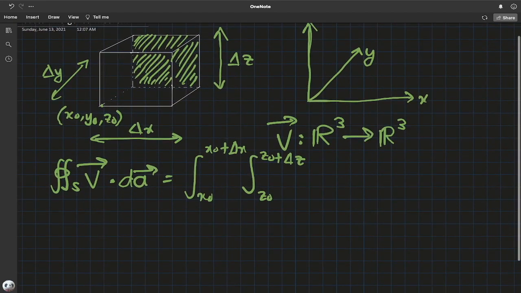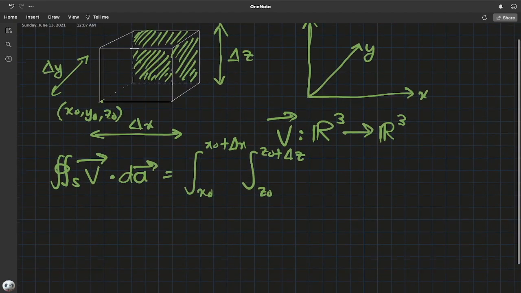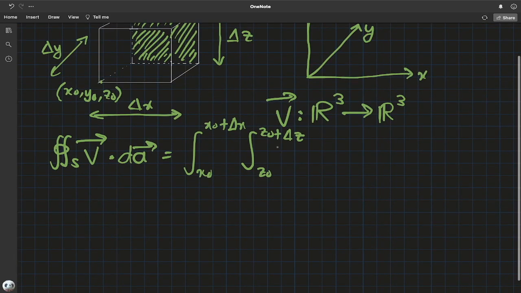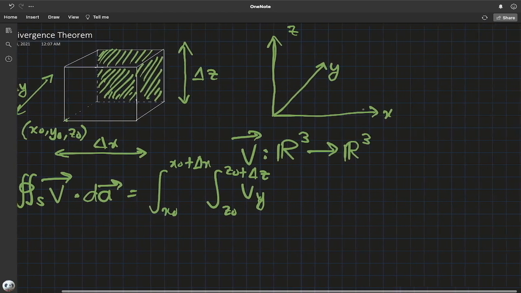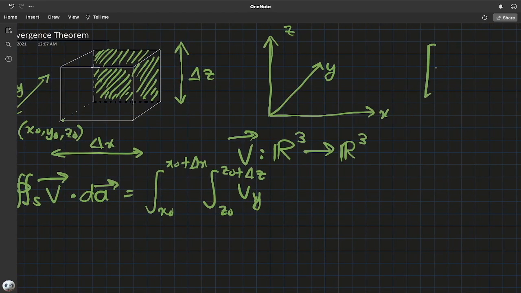For the face that's behind the green shaded part, we have v sub y, because we're dotting them. Our vector field v can be expressed as vx, vy, and vz.